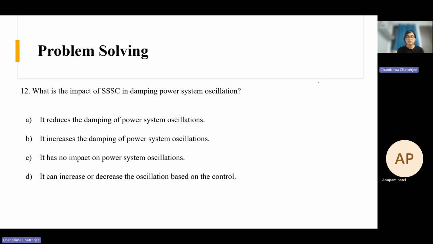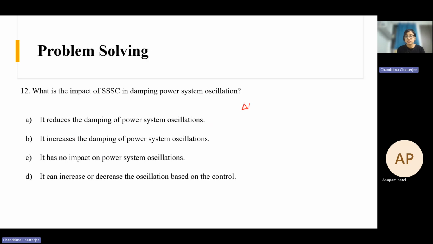The next question. What is the impact of SSSC in damping power system oscillation? It reduces the damping of power system oscillation. It increases the damping of power system oscillation. It has no impact on power system oscillation. It can increase or decrease the oscillation based on the control. So one of the applications of SSSC is to provide damping to power system oscillations.